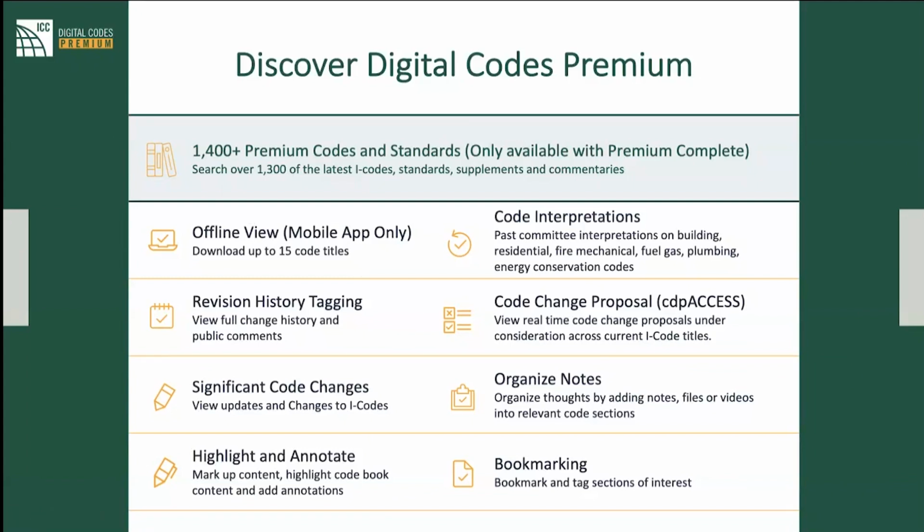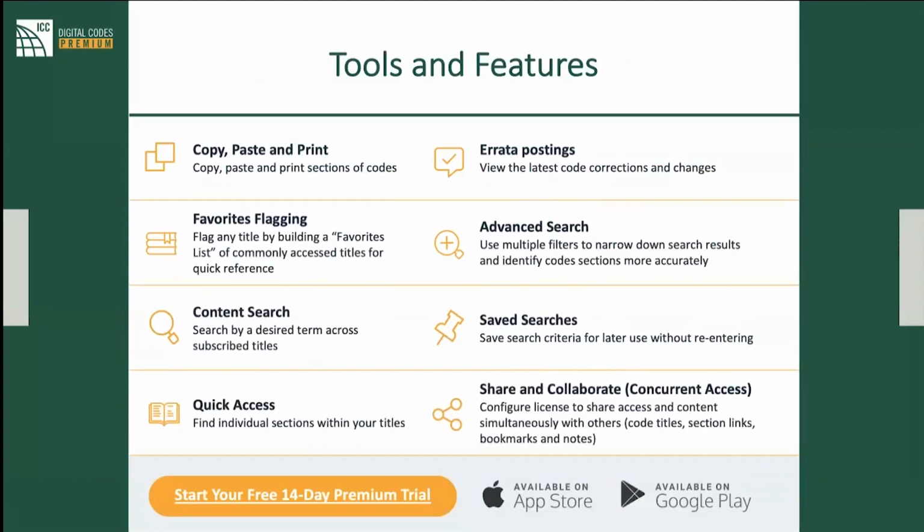These will be I-codes, code interpretations. We even get into the revision history, significant changes, and the code development process. You'll be able to copy, paste, highlight, organize notes, bookmark certain sections, so you're able to view those or share with your colleagues.